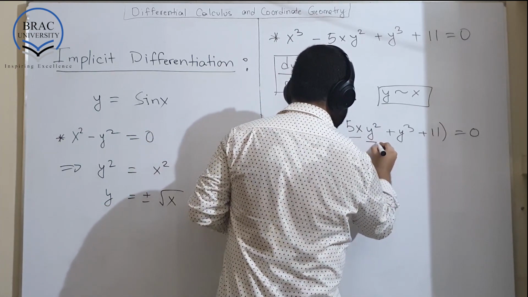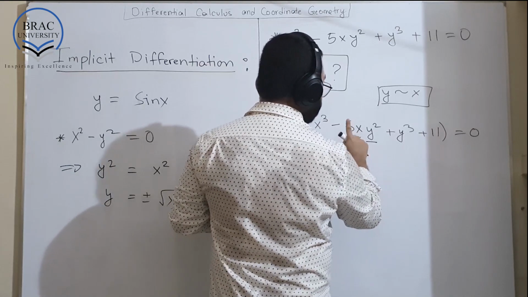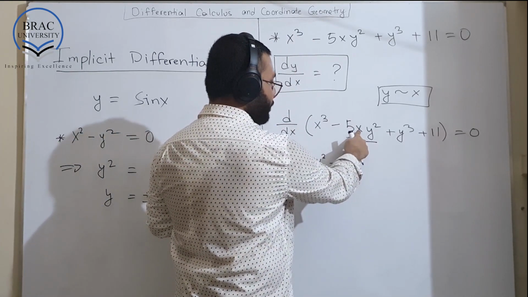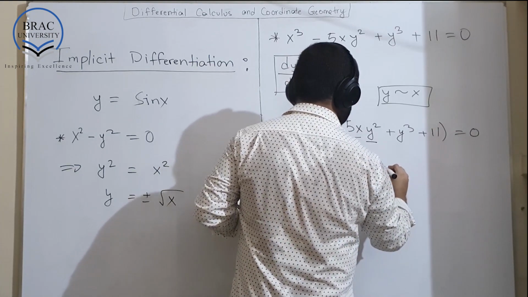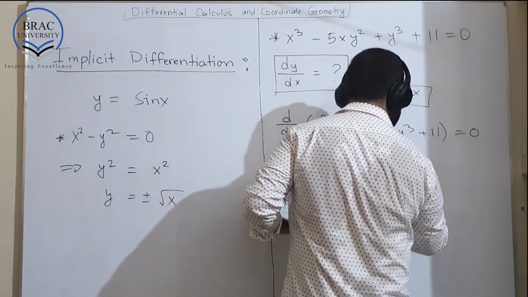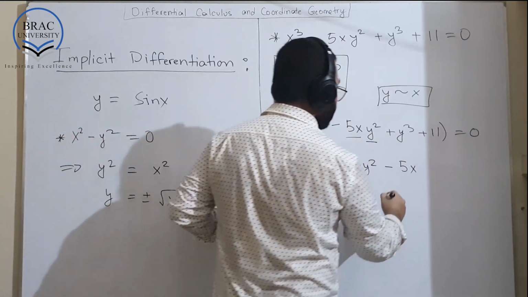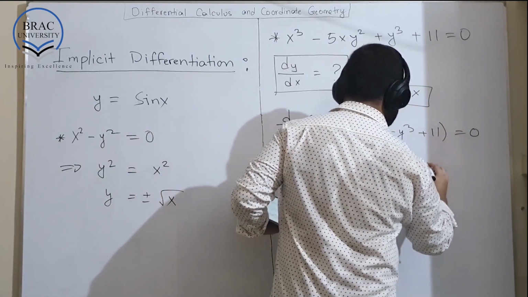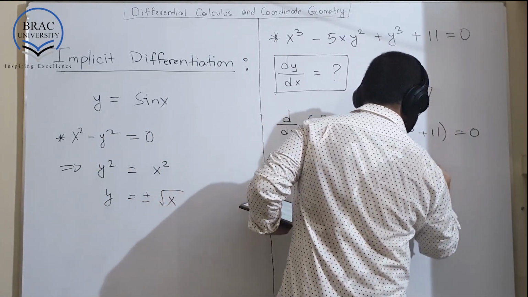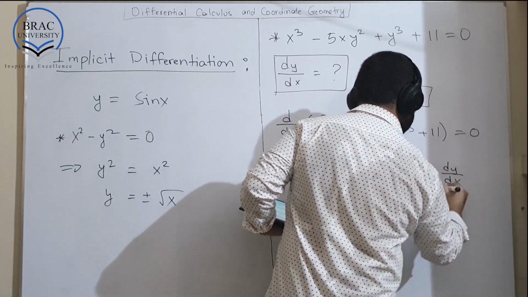Consider these two things as separate expressions. Let's first take the derivative of this one. What is the derivative of 5xy squared? It's 5y squared minus 5x times the derivative of y squared. Since y is a function of x, it would be 2y dy/dx.